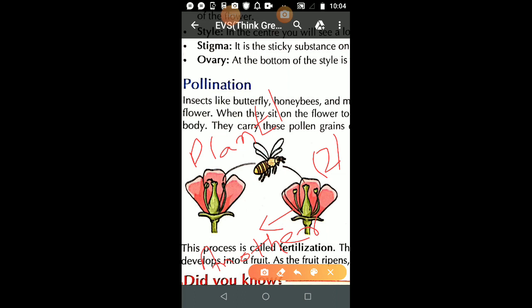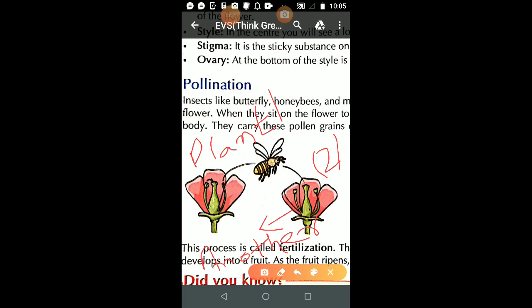That is known as self pollination. You will understand this thing in a very simple way. You do only one thing, draw the diagram. Then you will understand this in a very simple way.